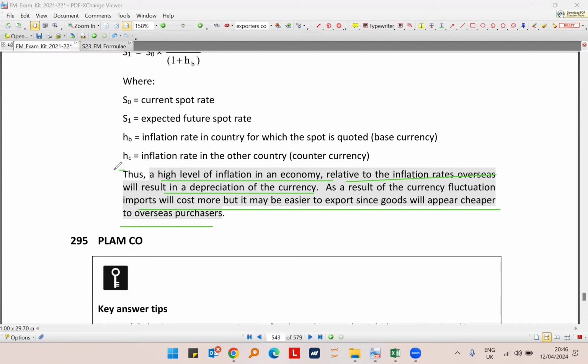So here they are explaining inflation basically. But what you have to understand from here is that if inflation in the host currency or the base currency is higher, that means the base currency has lost value, and therefore you're going to have a lower FX rate. Is that understood?